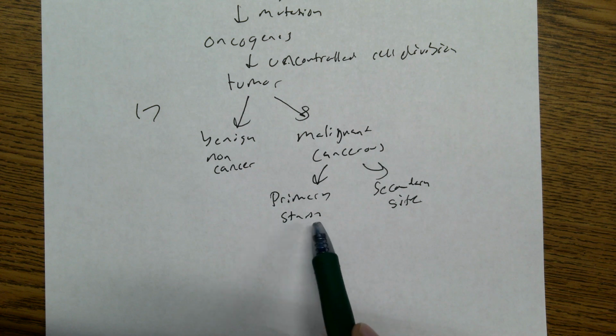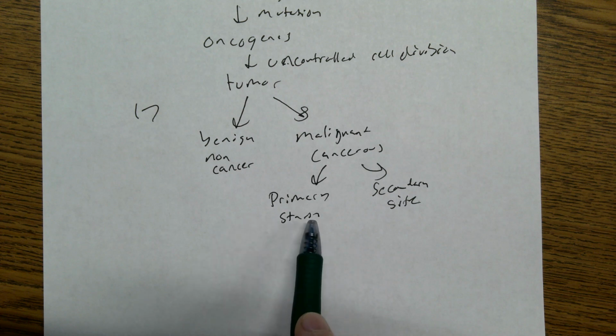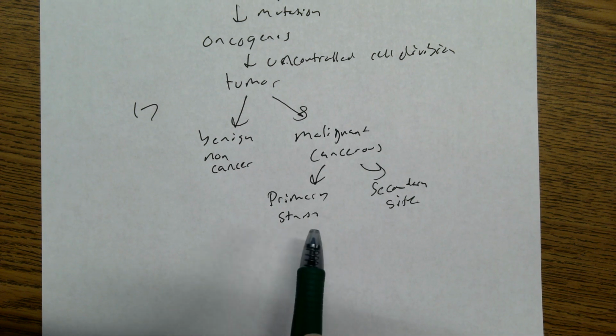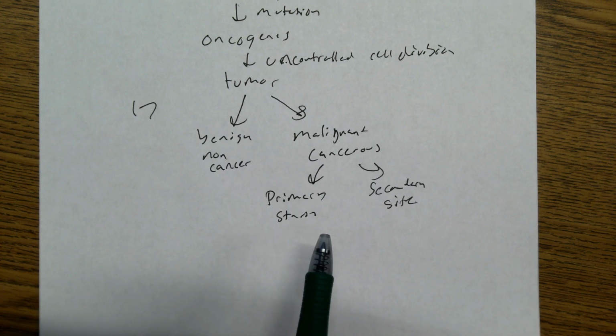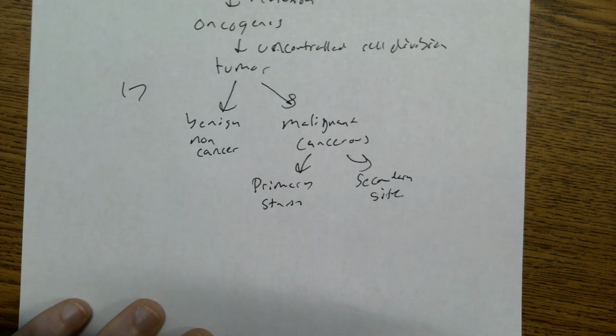Primary tumor sites are places like the skin, lungs, intestine, colon, areas that are subject to mutagens at high levels. But technically primary tumors can be found anywhere depending on what the mutation was that caused it. And that is D21.